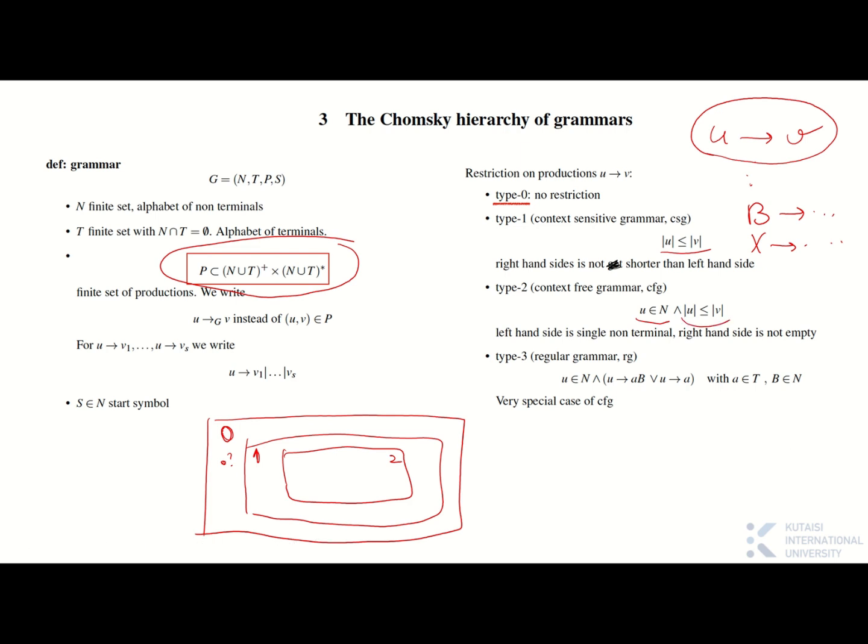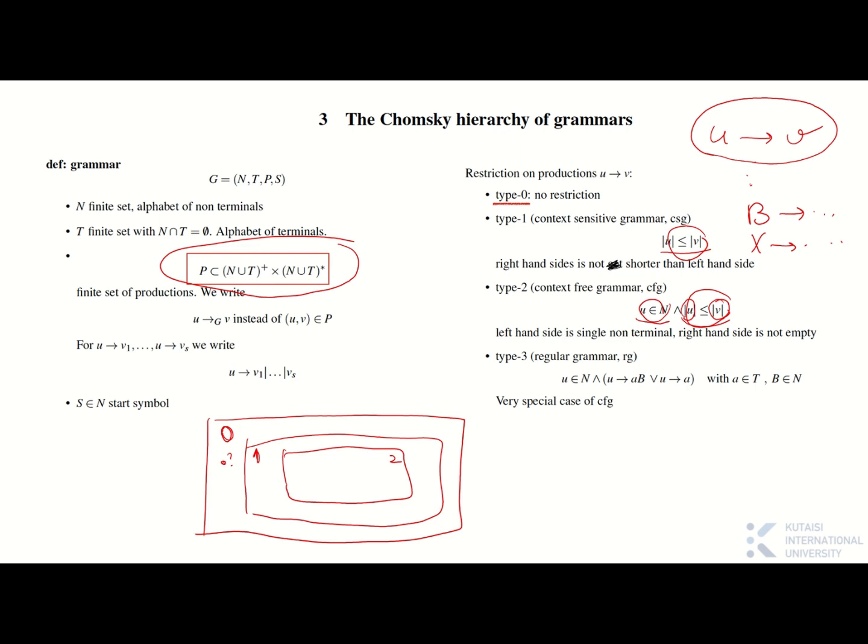Because if the left side is a single symbol, then it's always shorter than whatever is on the right side, provided the right side is not empty. So for context-free grammars, you require that the left side is just one letter and the right side is some non-empty string. Of course, every context-free grammar is also context-sensitive, because context-sensitive has the same requirement plus something.